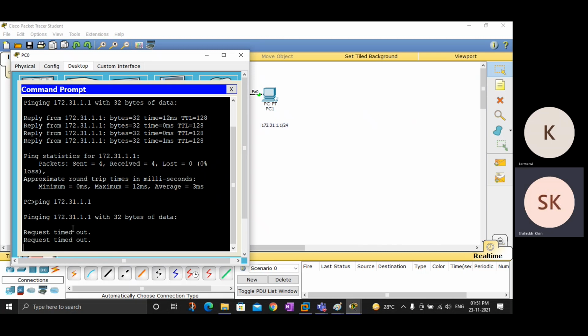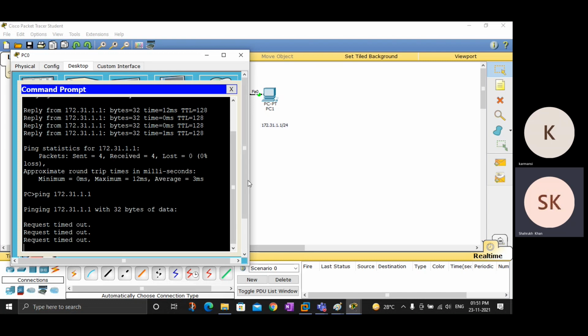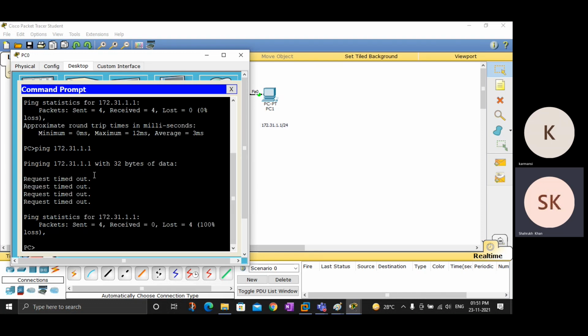So we are getting request timed out, because according to PC0, PC1 has an IP address that is not known to it. We cannot communicate with that PC until we use a router and do the routing, provide the gateway and everything.